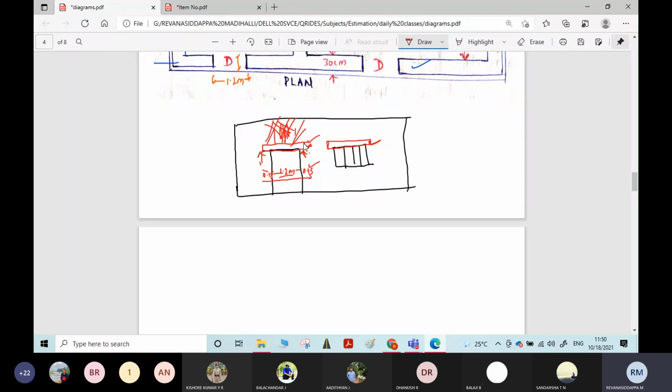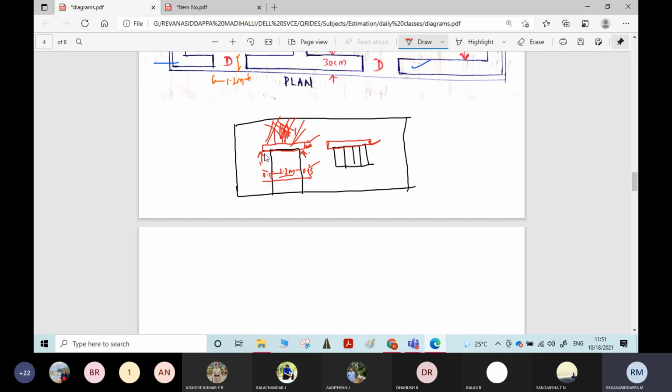While considering the length of the lintel beam, we have to give some bearing length. You cannot provide the lintel beam exactly equal to the width of the door opening. To provide the support, we extend it by some more length, which we call the bearing length.